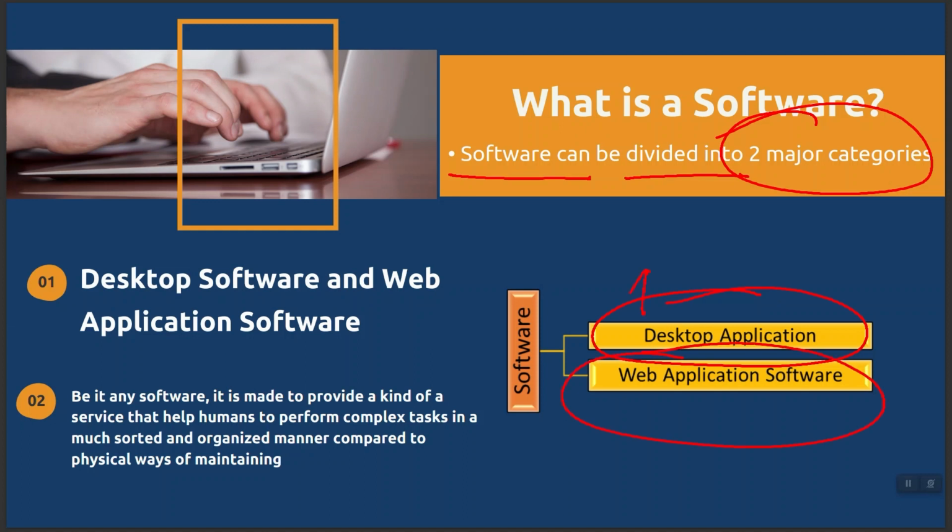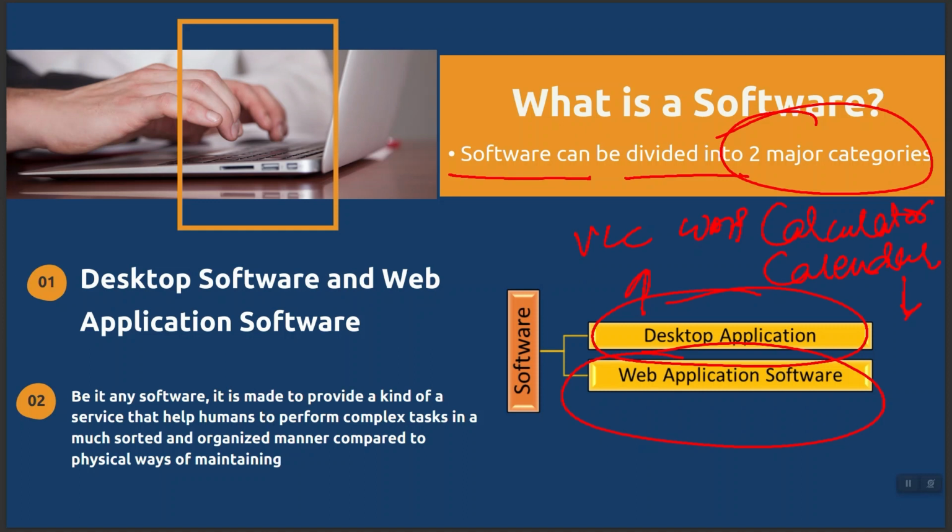A desktop application software can be like your VLC, your media player, Windows Media Player, your calculator, your calendar. I mean, there is a long list of softwares that stays in your operating system that comes installed with your OS, or you install them into your system to run their exe file, and the softwares provide the kind of service they are made for.